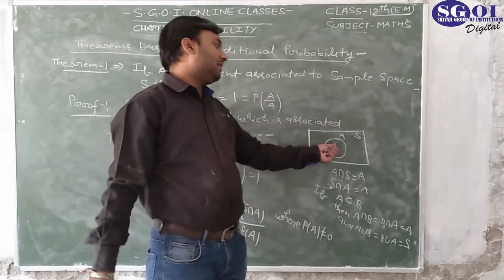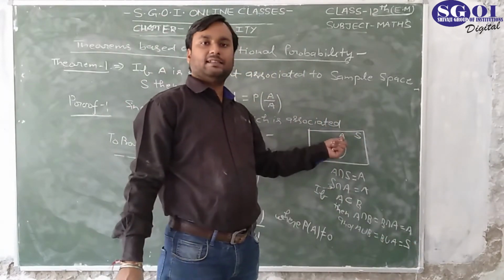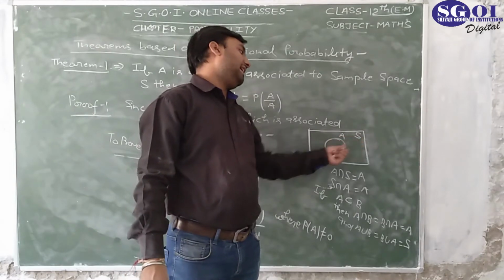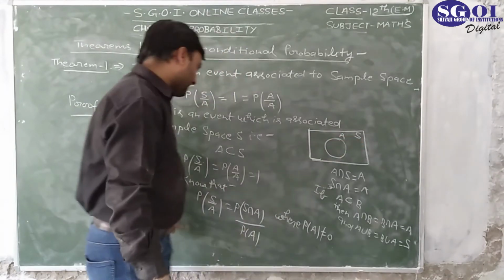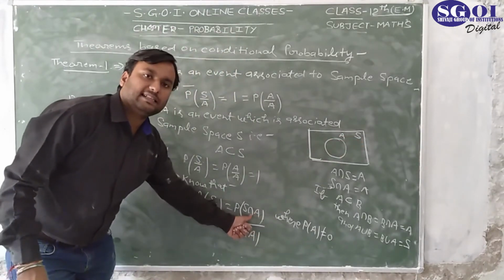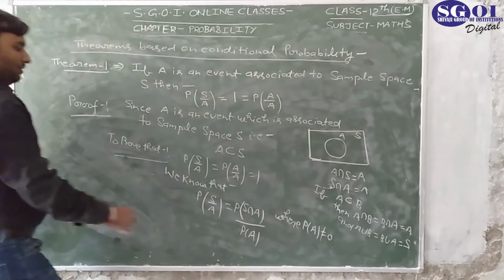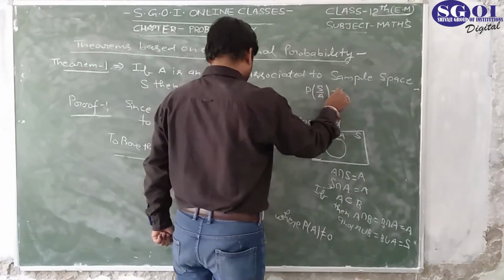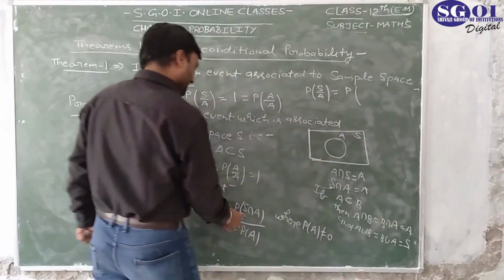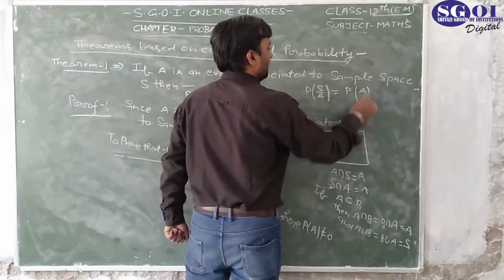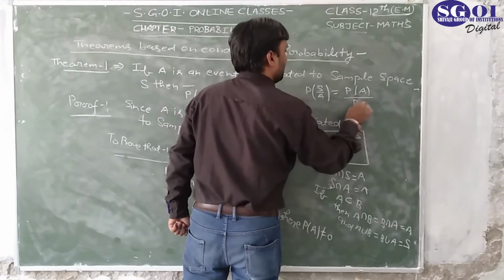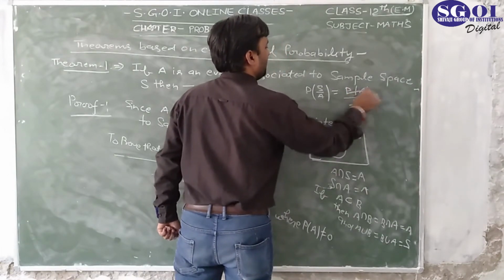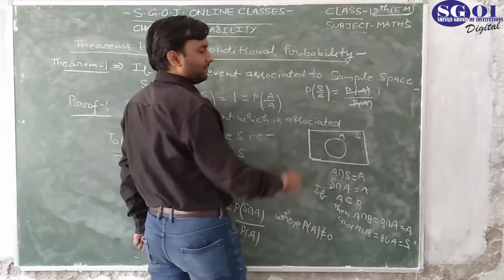So what is the common portion between A and S? The common portion of A and S is A. So we can write S intersection A is equal to A. So probability of S by A becomes probability of A upon probability of A. Probability of A and probability of A cancel out.